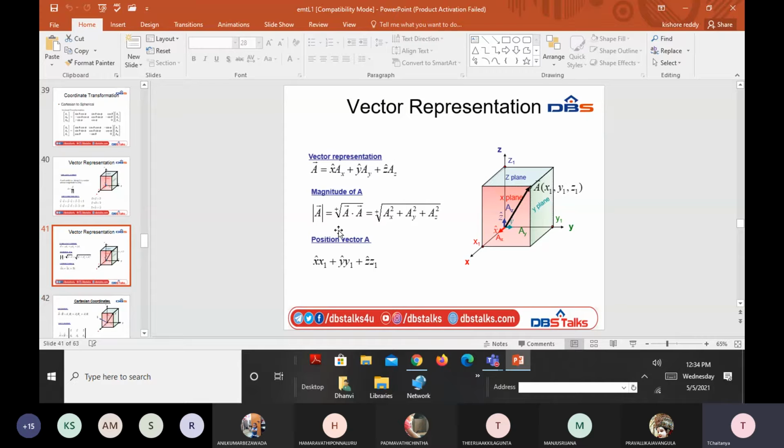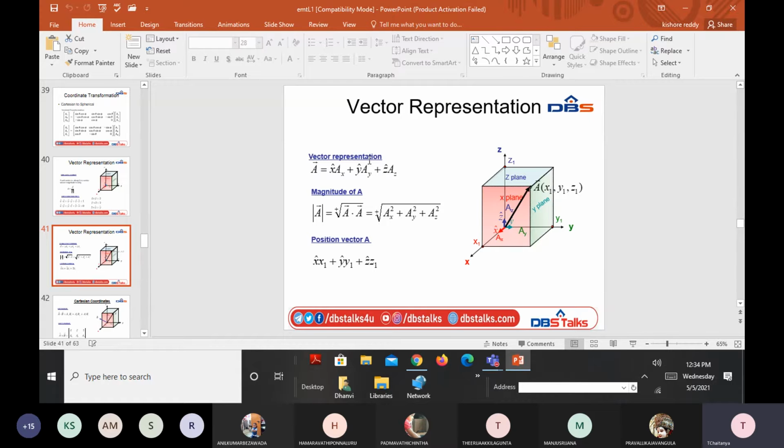Now see the vector representation of A bar in a Cartesian coordinate system. x is the length along the a_x direction. x a_x bar plus y a_y bar plus z a_z bar is a vector representation.